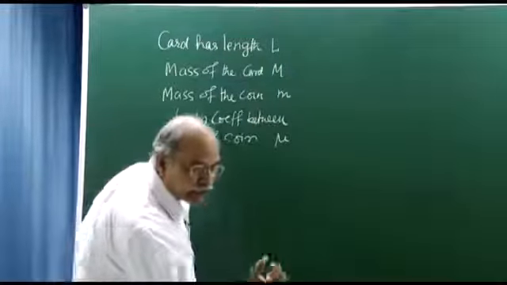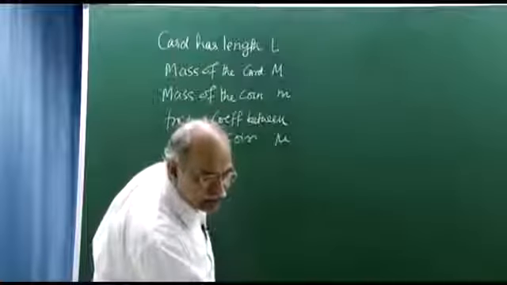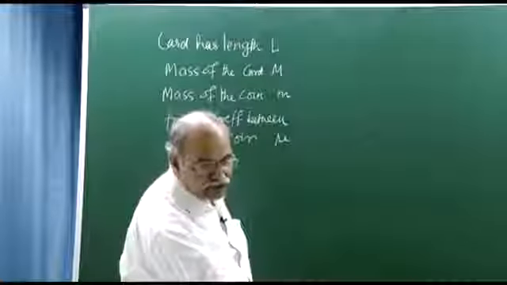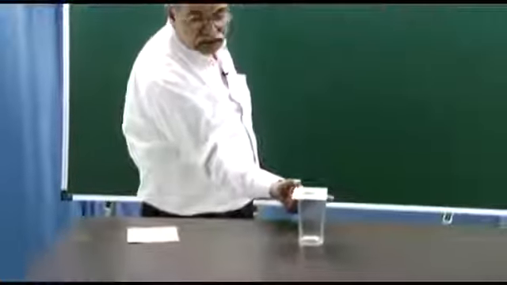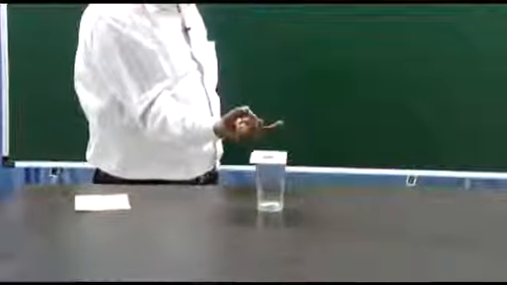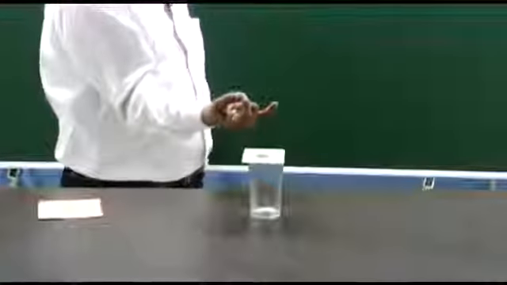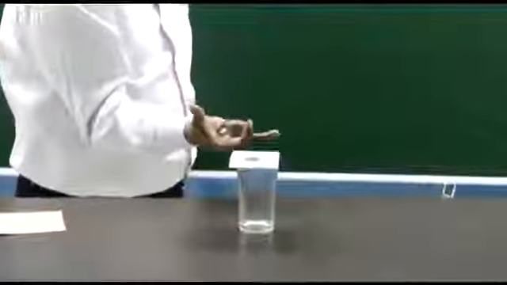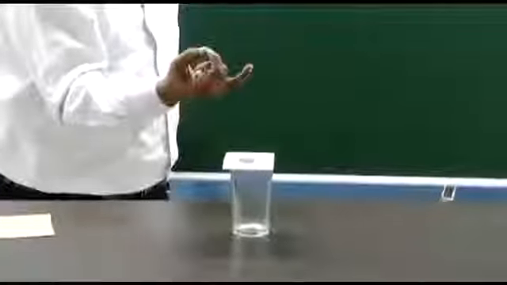Then I am flicking. What is flicking? Flicking means I exert a horizontal force on the card. That force is applied for a very short time, delta t. So, some force capital F is applied for some short time, delta t. That is the flicking.